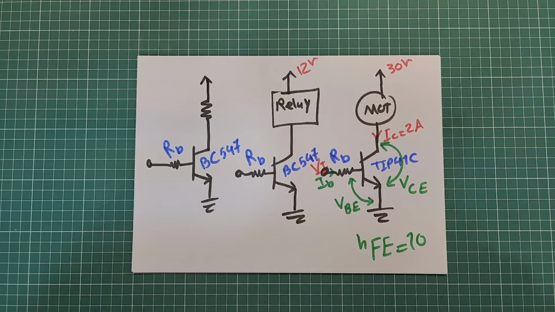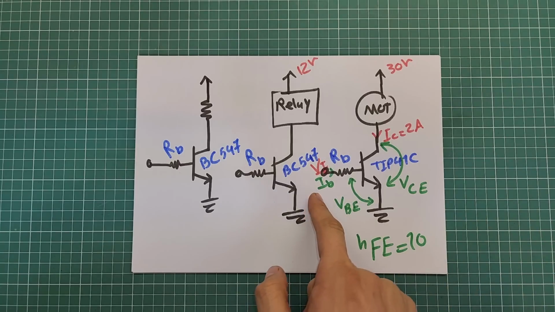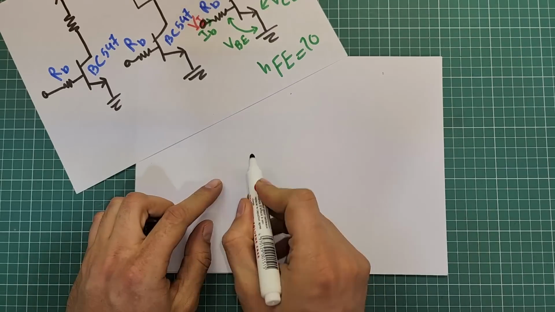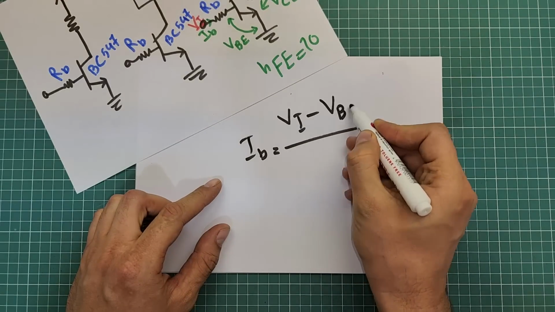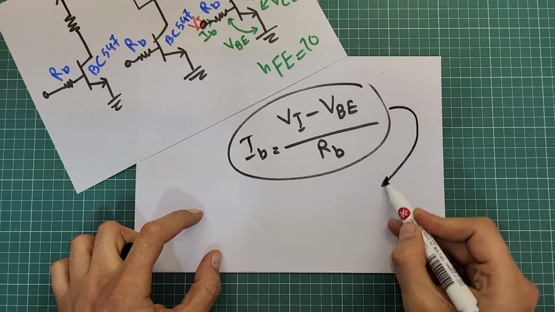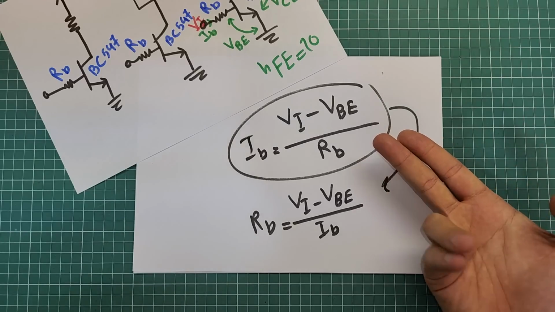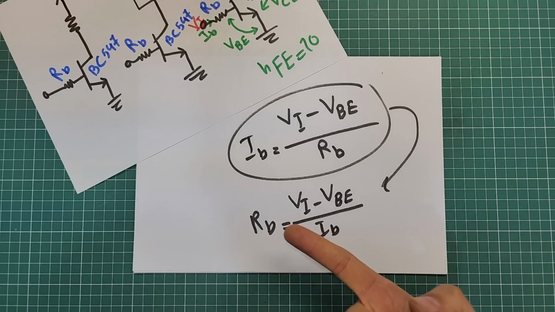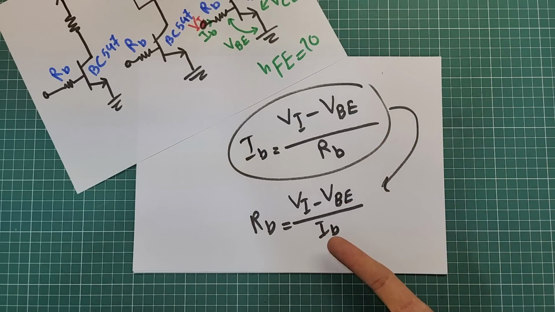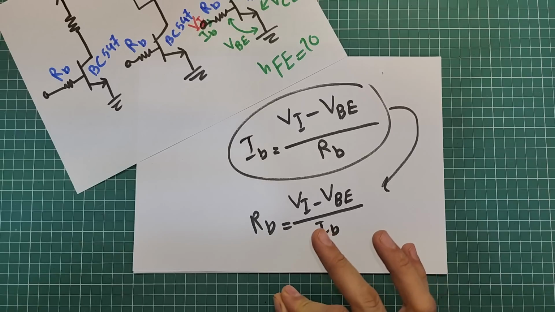To determine the best base resistor, we have to find the best base current, I mean this IB. I got this equation using Ohm's law. By knowing VI, VBE, and IB, the RB will be calculable.